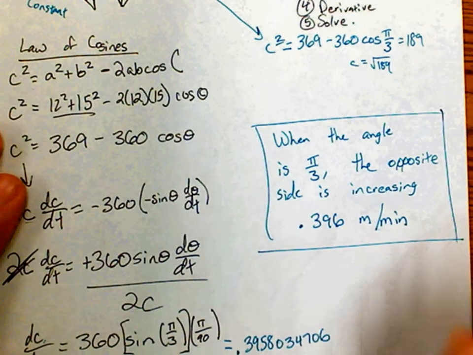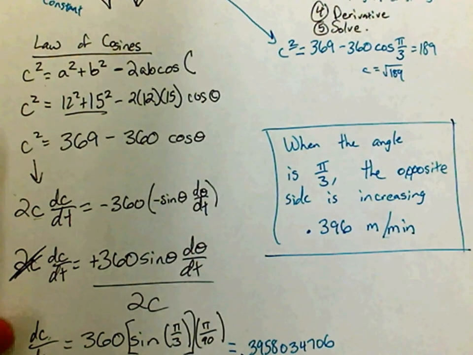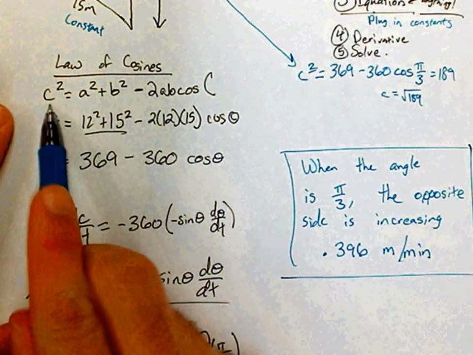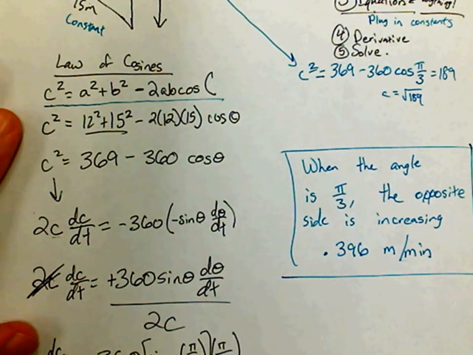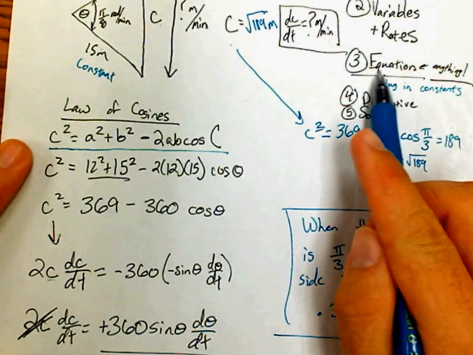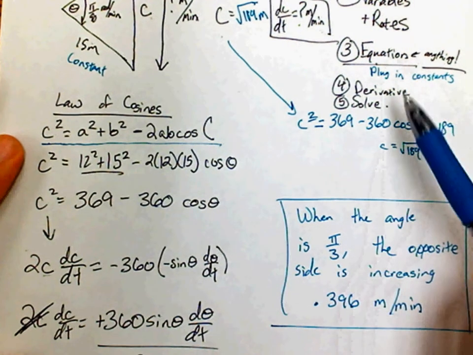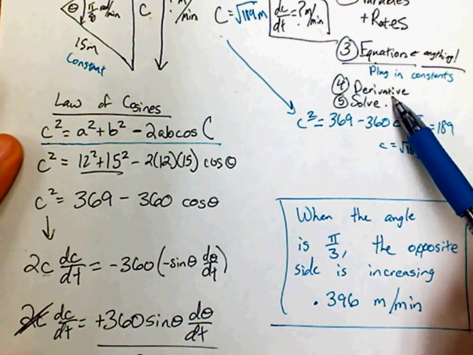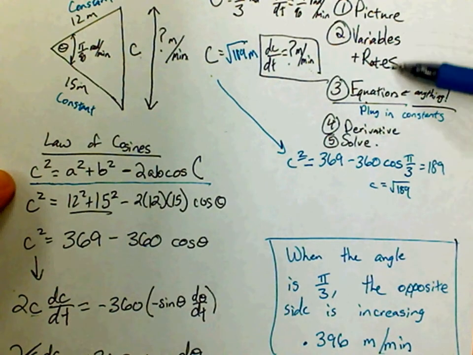I want to reiterate again, these problems take practice. Don't be concerned too much about where I pulled that equation from. This is where all the nuance happens. The equation can be anything. That will come with practice. We need to be very, very competent at finding derivatives and plugging in values and solving. And this is the only way to get better at these is just to do a variety of problems.